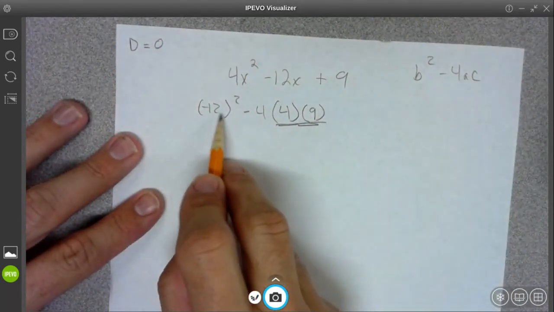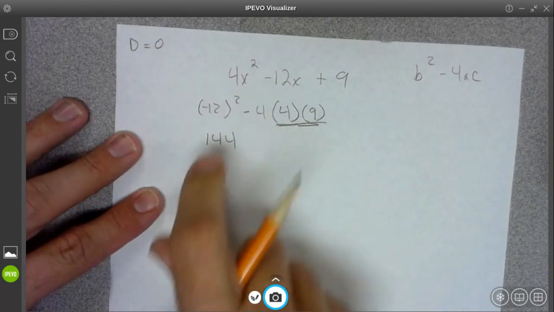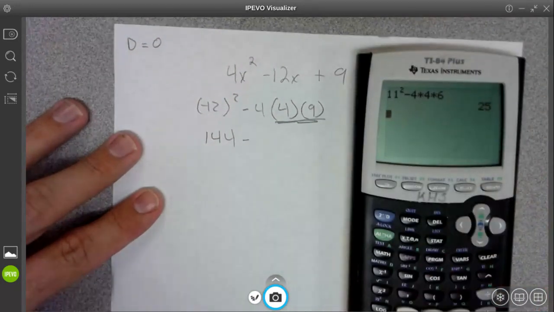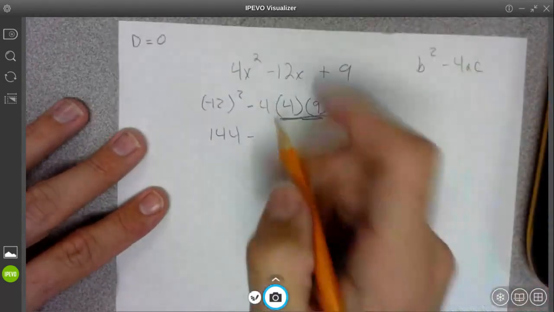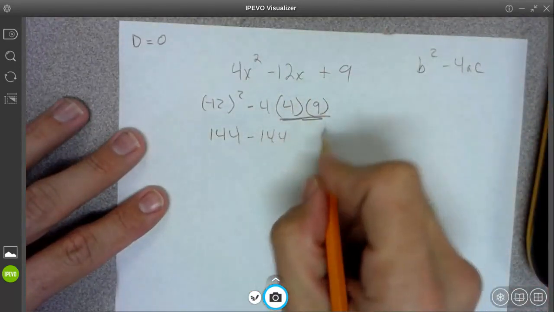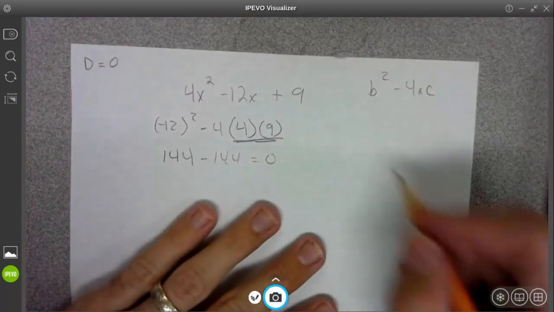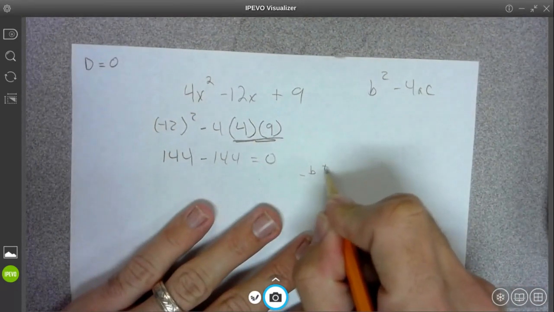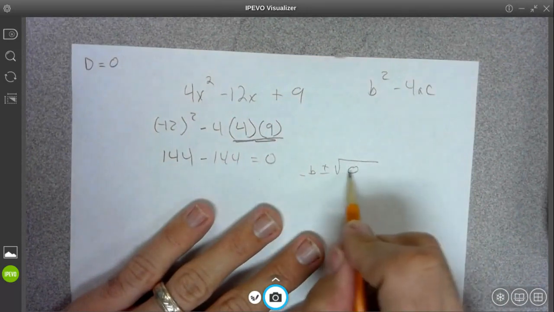All right, negative 12 squared is negative 12 times negative 12, minus, well, 4 times 4 is 16 times 9. That's also 144. And so what you get is 0. So if you square root, negative b, I'm just going to write it out so you see what I mean here. 0, that's the discriminant.